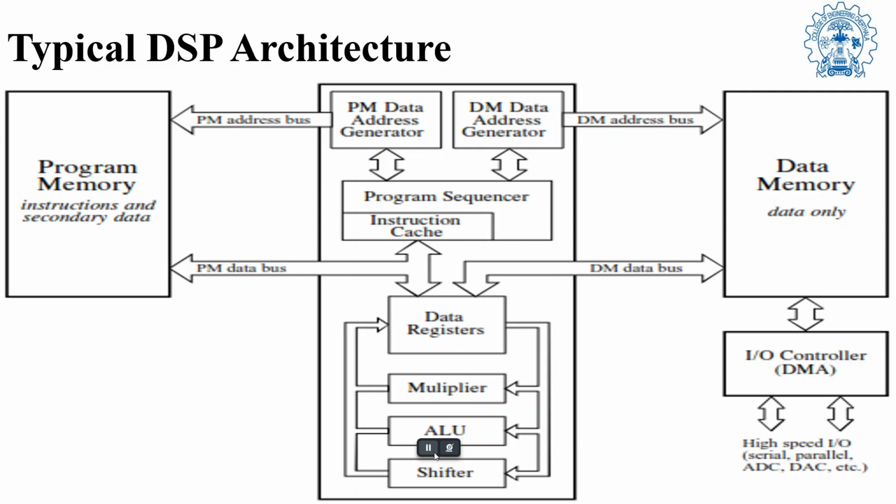The ALU performs addition, subtraction, absolute value, and logical operations such as AND, OR, NOT, XOR, like that. Conversion between fixed point and floating point formats, and similar functions. The multiplier and the ALU can be used in parallel.